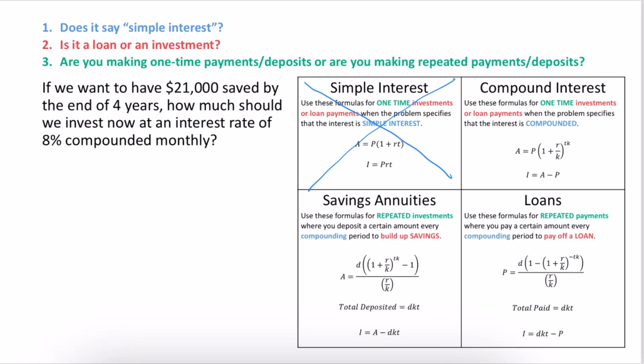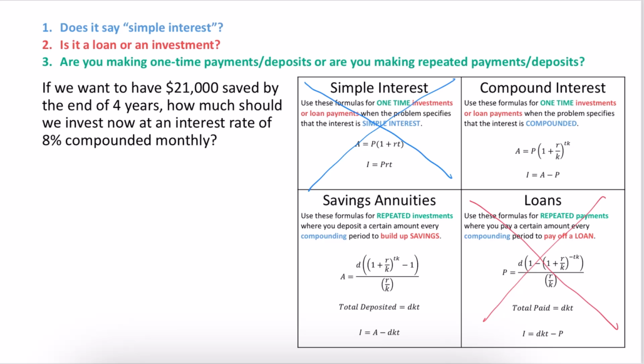So my next question I'm going to ask is: is this a loan or is it an investment? And it said that we're saving, like our goal is to save $21,000 by the end of 4 years. And so that means it's definitely not a loan, so I can eliminate the loan section. And then on question 3, it says, are we making one-time payments and deposits, or are we making repeated payments and deposits?